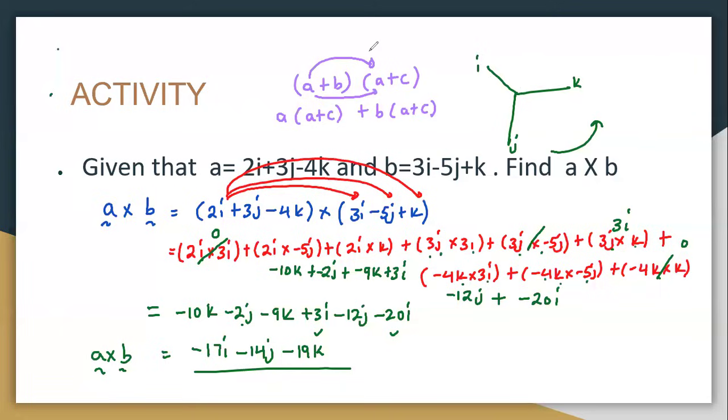If I have a different arrangement and my clockwise movements are different from this one, can I come up with the same final answer? You get the same answer, as long as you have them like I, J, K in that order, not I, K, J. The moment you have I cross J, as long as you are moving anti-clockwise, you'll get K. J cross K, you'll get I. K cross I, you'll get J. Doesn't matter how.